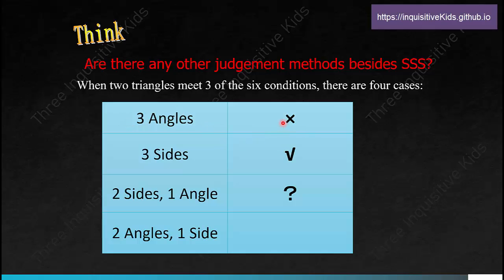But for three angles, we have a big X right here, because although in some cases if the three angles are equal, it could be congruent, but not always. So we're going to put a no on that because we're not sure. And then two sides, one angle. Well, we're not sure about that, so time to find out.